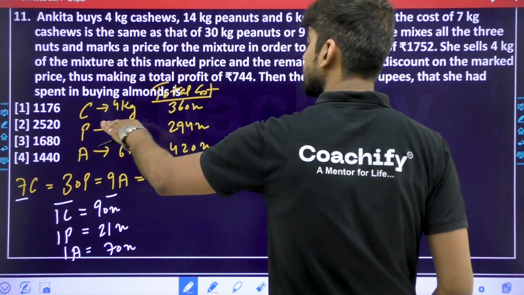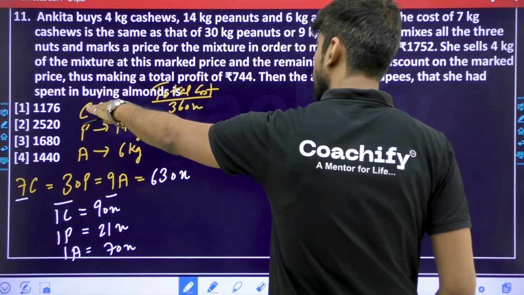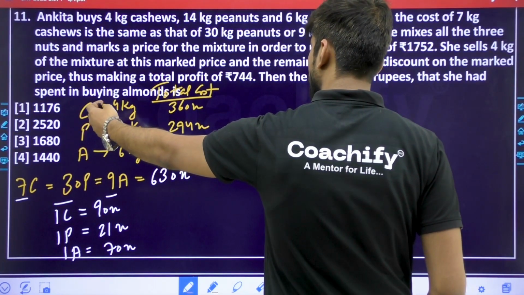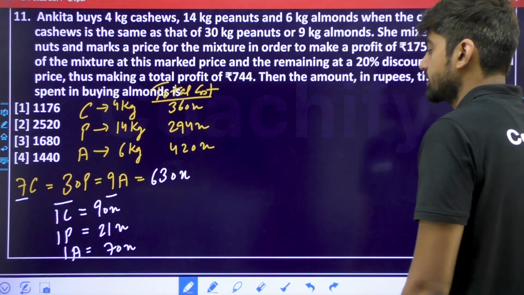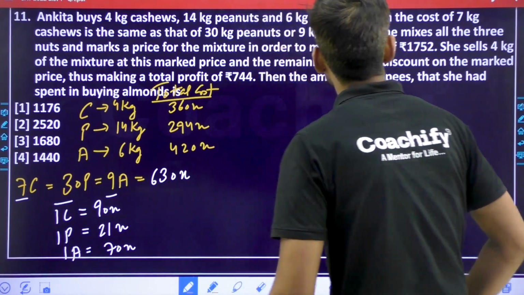So these are the total cost price values for the quantity of cashews, peanuts, as well as almonds given in the question. Okay, fair enough. Let's proceed from here.